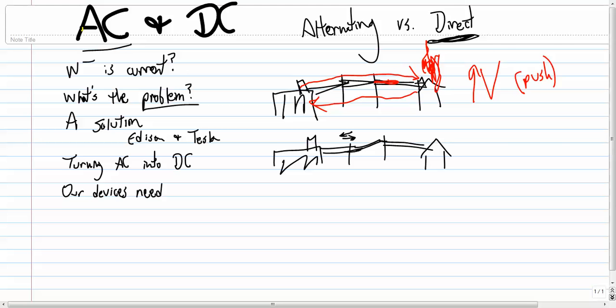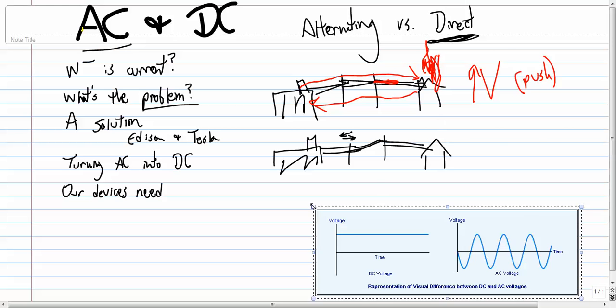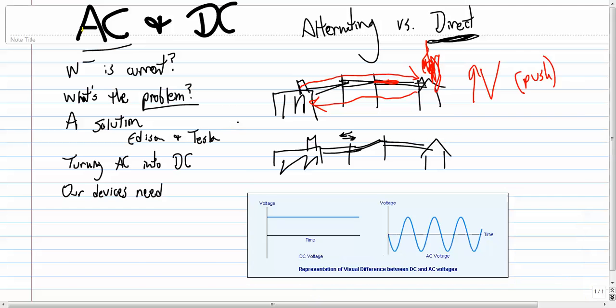So just really quickly here, let me show you a graph of the two. Direct current provides a constant push in one direction. And this is what you would get from a battery. Alternating current, so this one is DC, alternating current changes from a negative maximum to a positive maximum, negative, positive, and so on and so forth.